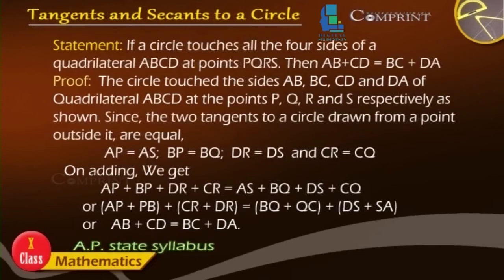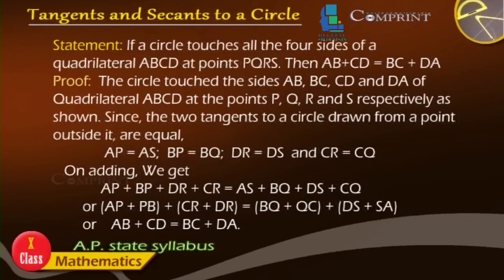Since the two tangents to a circle drawn from a point outside it are equal, AP is equal to AS, BP is equal to BQ, DR is equal to DS and CR is equal to CQ.